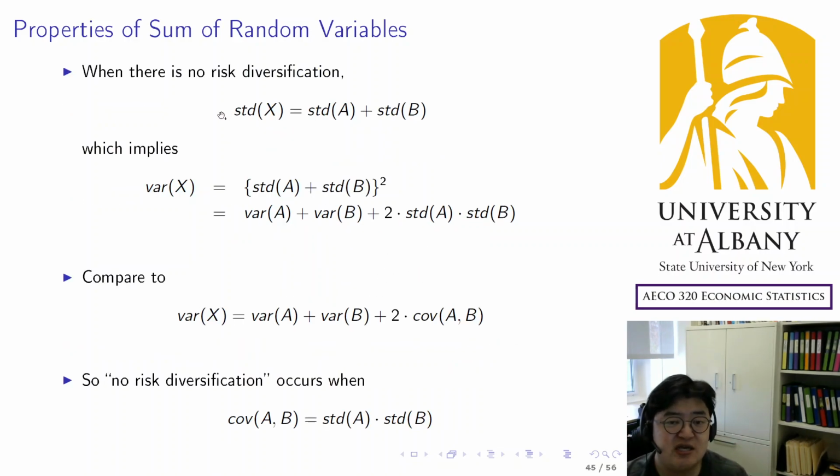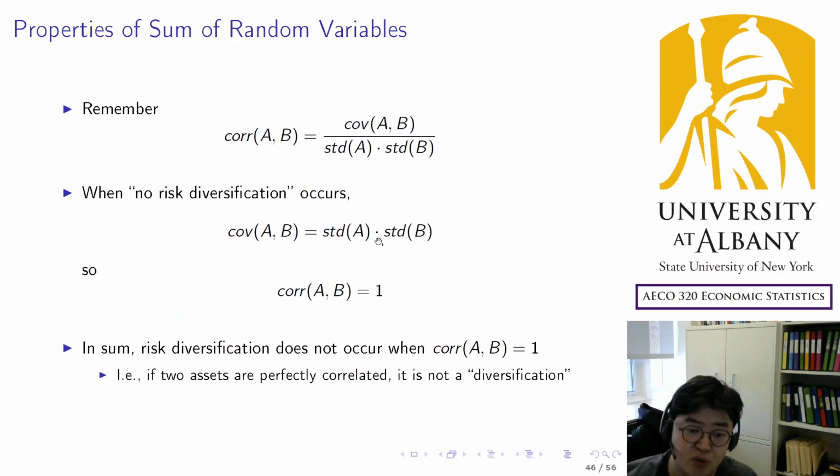That means when you see no risk diversification, A and B are perfectly correlated. That's the only case where you don't enjoy any diversification. In other words, whenever two assets are not perfectly correlated, you will have some kind of risk diversification.